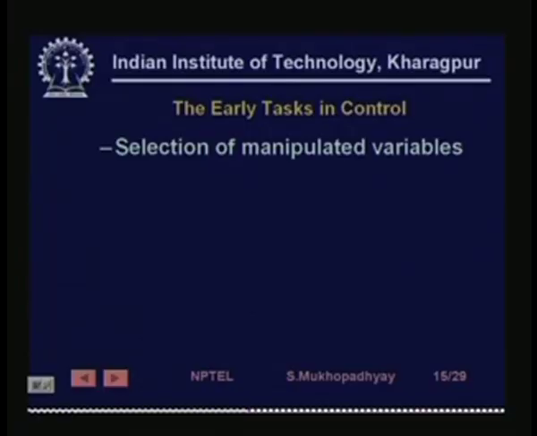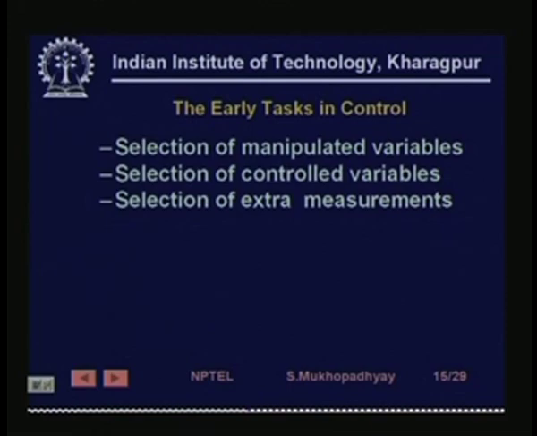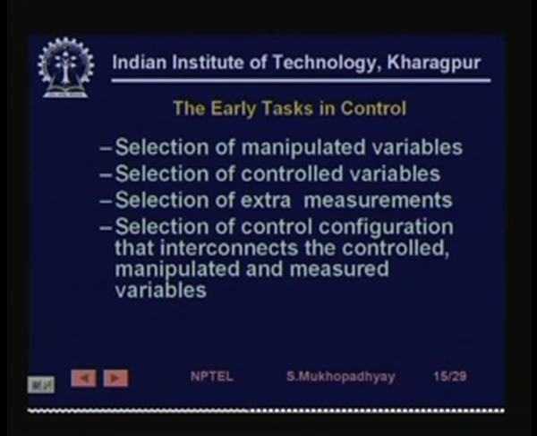First of all, selection of manipulated variables, which variables are to be manipulated; selection of controlled variables, which variables are to be controlled; selection of extra measurements sometimes required for achieving good control performance, like disturbance rejection, as we have seen in the case of cascade loops. So, how are you going to do the cascade, which variable you want to sense and feed back as an inner loop feedback, you need to understand that.